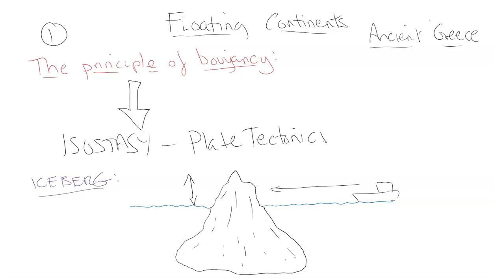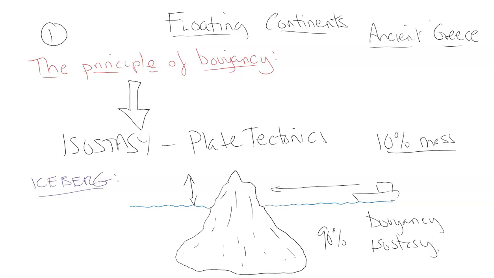Oh, it's kind of small. They didn't know icebergs. But the rule of icebergs is you can only see above the water 10% of the mass of that iceberg. So 90% is basically underwater. Why? This is buoyancy. This is our Archimedes principle and our isostasy.